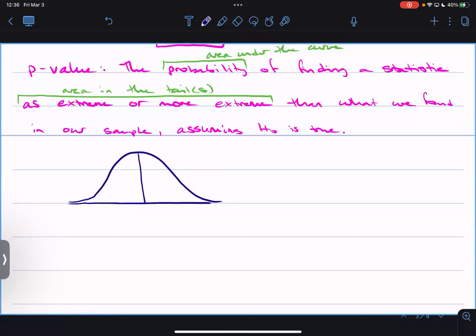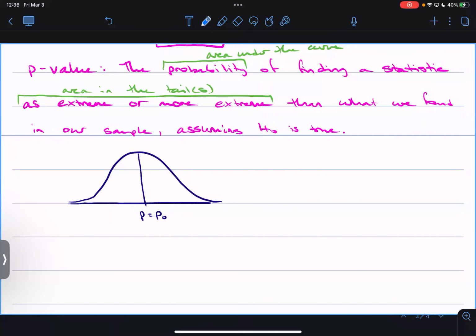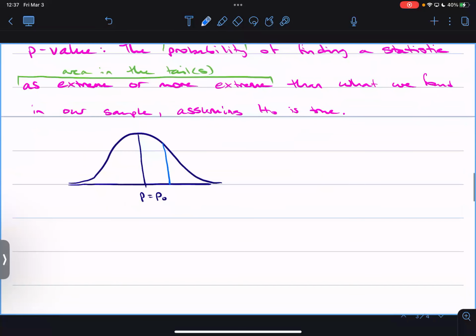So what we've said so far is that we assume that p is equal to p naught. So we assume that it's centered on p naught. Then in our previous example, maybe we had a sample proportion of, I don't know, 0.54.